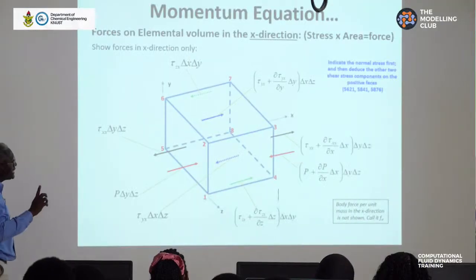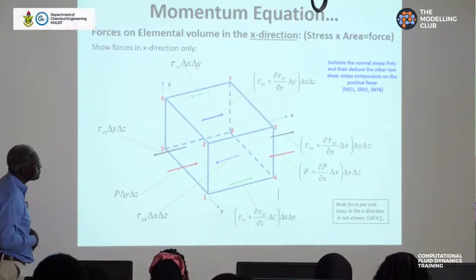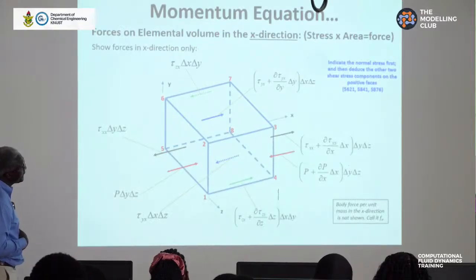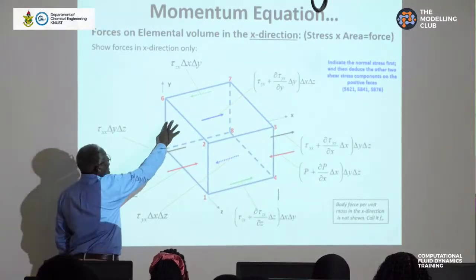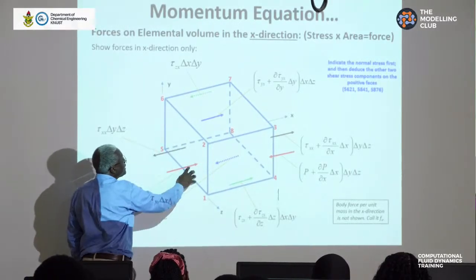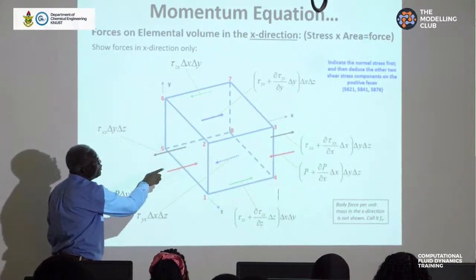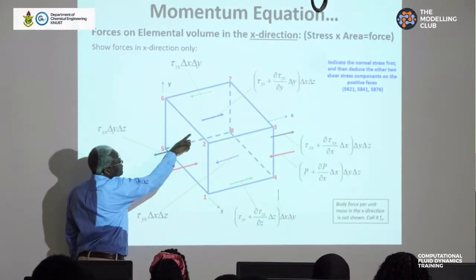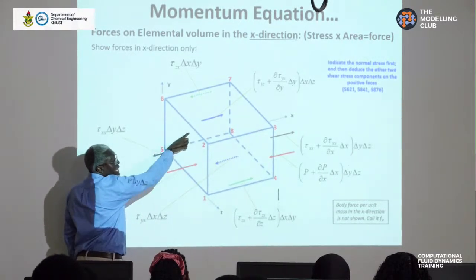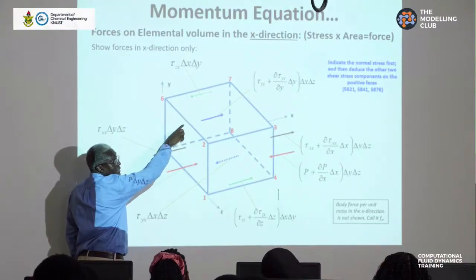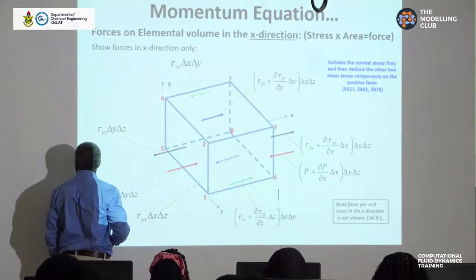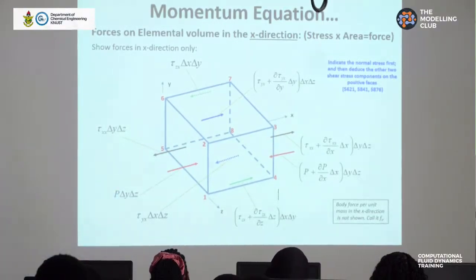Okay, so that shear stress acting on this plane will be acting parallel in the plane. And let me try and draw it.